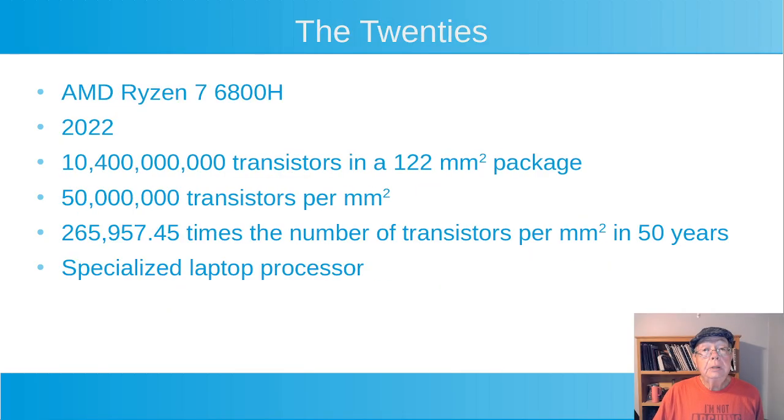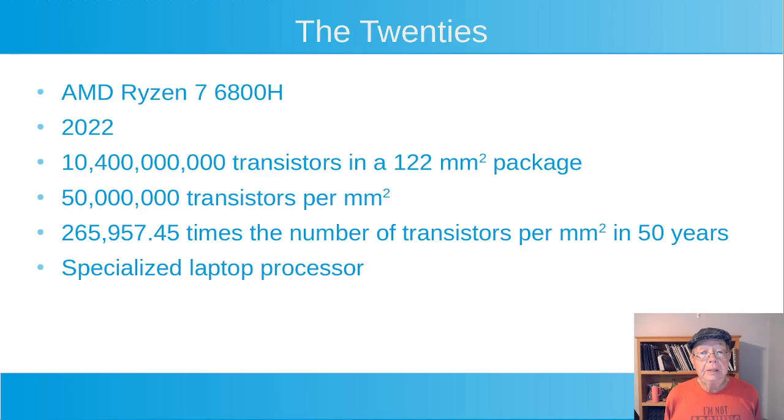And then we get into the 20s. This time I picked a laptop chip, the AMD Ryzen 7 6800H. Again, a common chip, came out in 2022. It has 10 billion transistors on a 122 millimeter square package. That is approximately 50 million transistors per square millimeter.